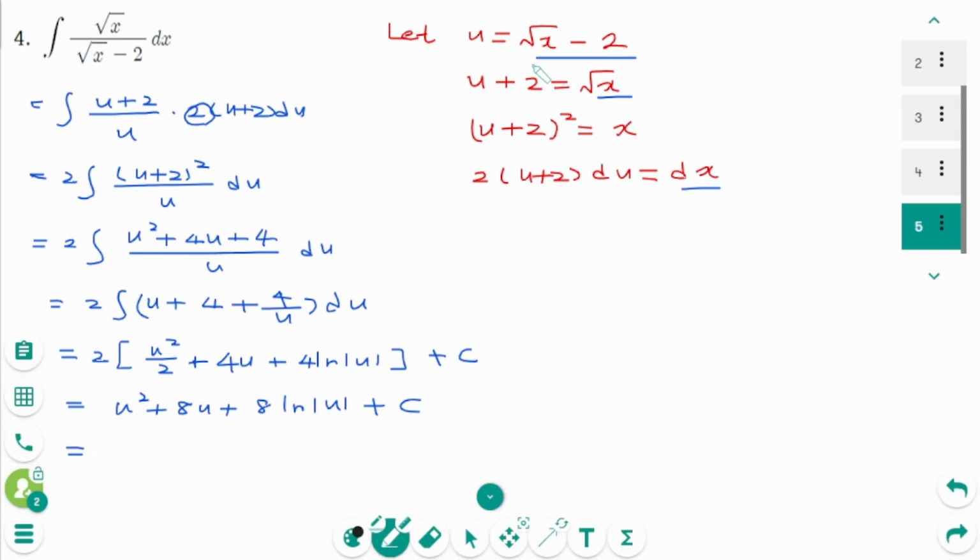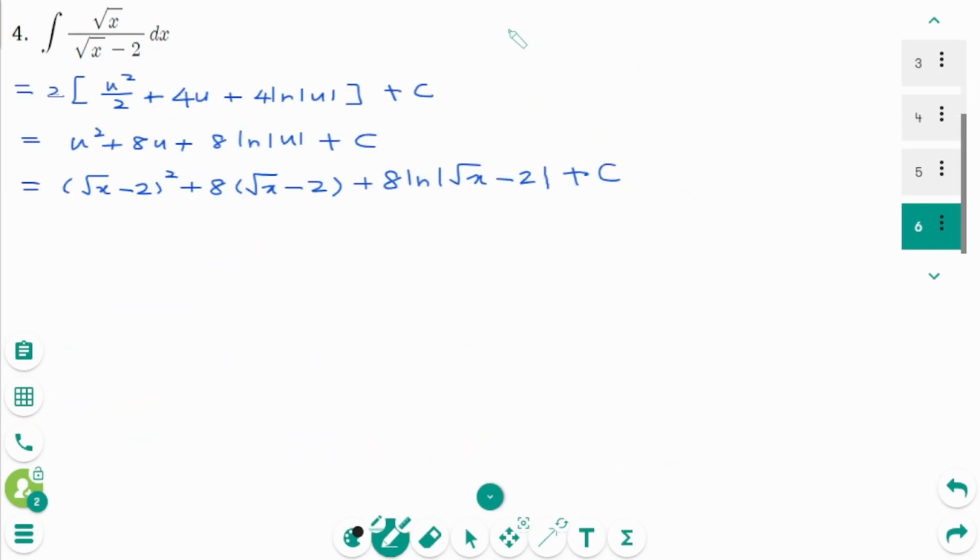Now u was square root of x minus 2: square root of x minus 2 squared plus 8 times square root of x minus 2 plus 8 times ln absolute value of square root of x minus 2 plus c. Now use the binomial squared formula: a minus b squared equals a squared minus 2ab plus b squared.